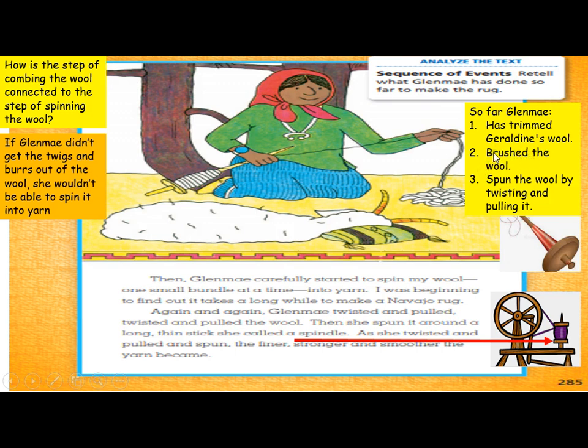Second, you brush it or comb it to get all of the twigs and burrs out and make it clean. Third, spin it. You have to spin the wool around a spindle to make yarns. And yarns are the bundle of wool like this. This is a yarn. Okay.